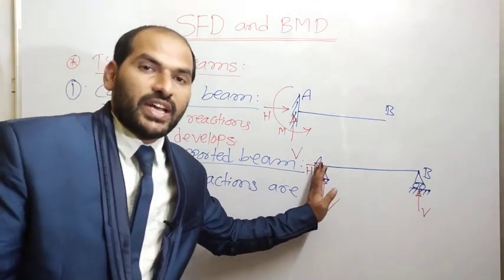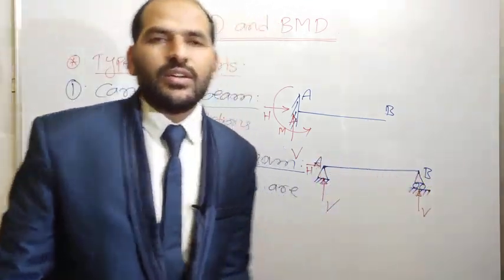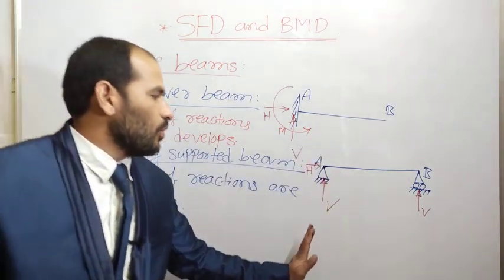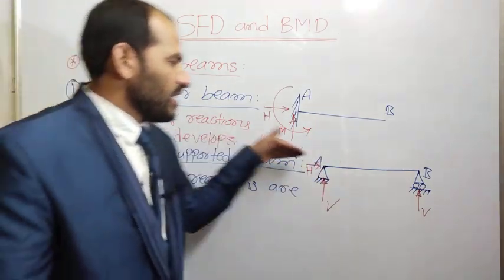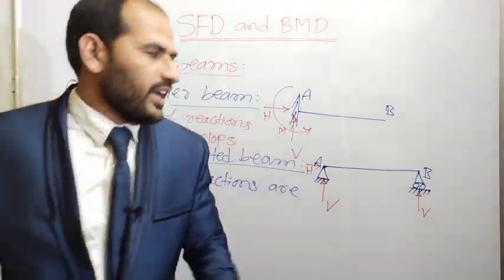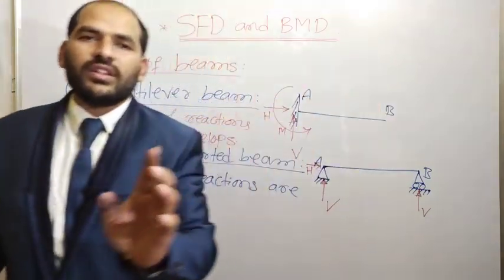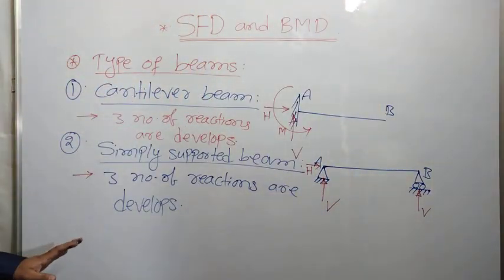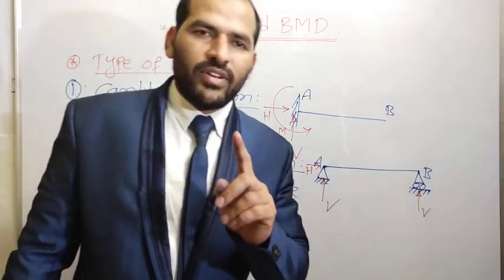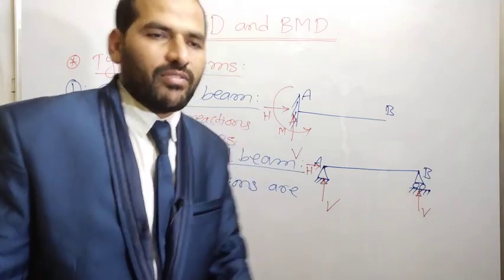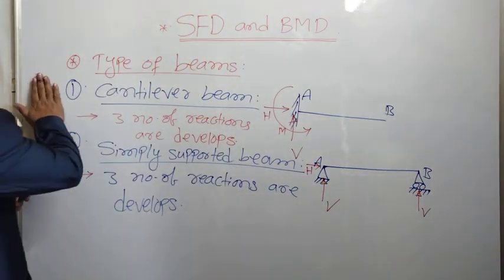This side is the pin or hinge support, where two reactions are developed, vertical and horizontal. The other side is the roller support, where only one reaction, the vertical reaction, is developed. In the cantilever beam also, three reactions are developed.